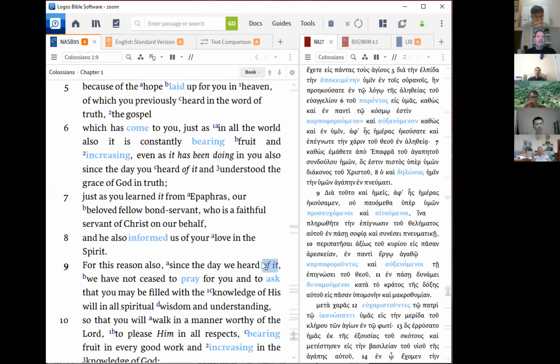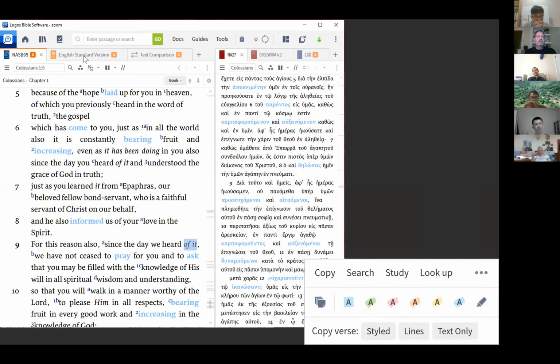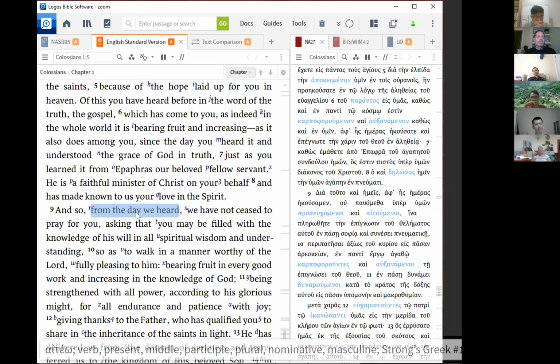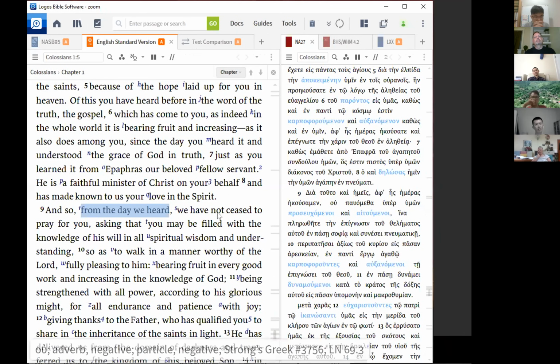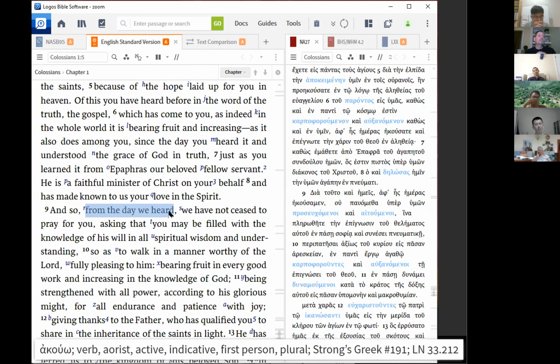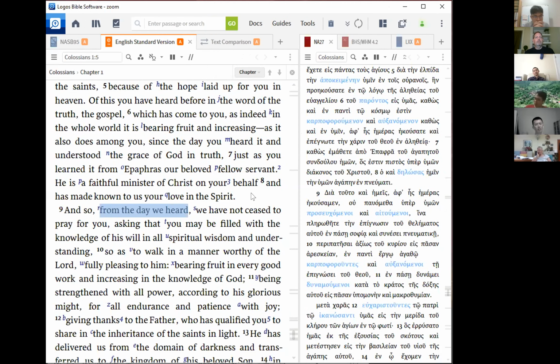It added it in again there. But the English Standard Version just has "from the day we heard." So it's more literal, which is good in this case. If you use the ESV, you probably won't see these odd prepositional verbs. If you use the New American Standard, you will.